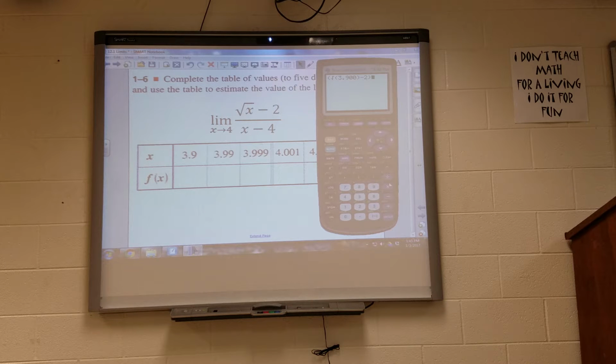And then parentheses for the entire numerator, followed by parentheses for the entire denominator. And so there we see we get 0.252 if we round it.